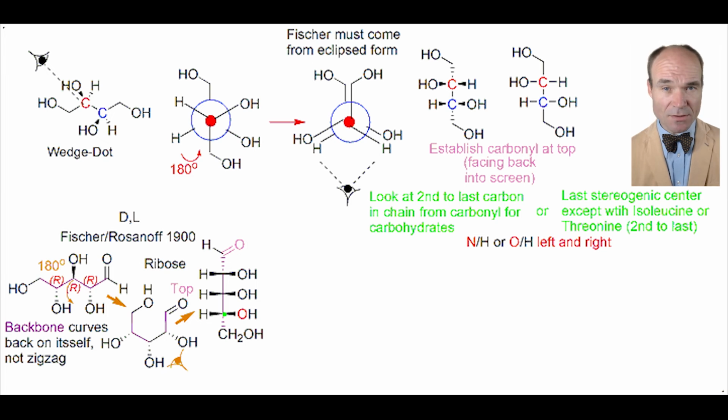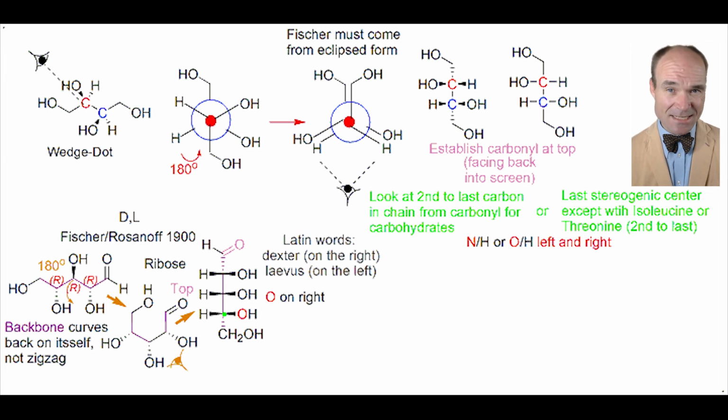Here, the hydroxyl is on the right. From the Latin Dexter on the right and Laevus on the left, we describe this ribose as being capital D. Ribose informs us of the stereochemistry of the other stereogenic centers relative to this one.